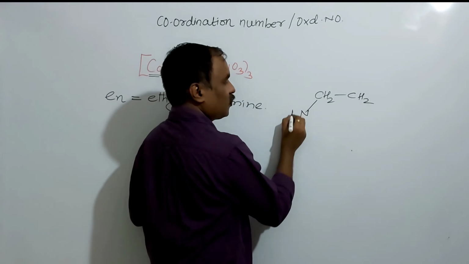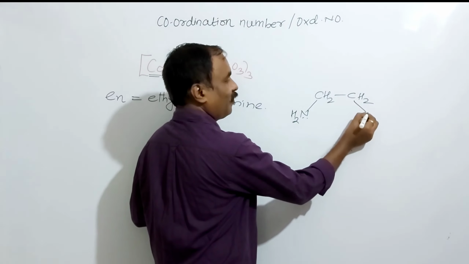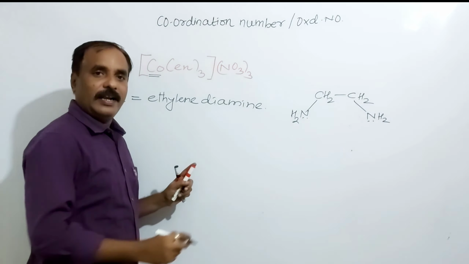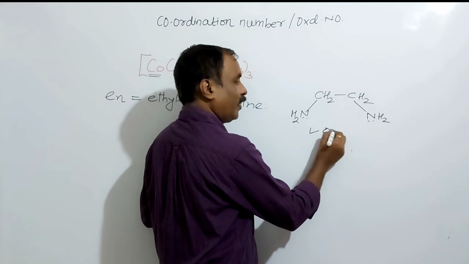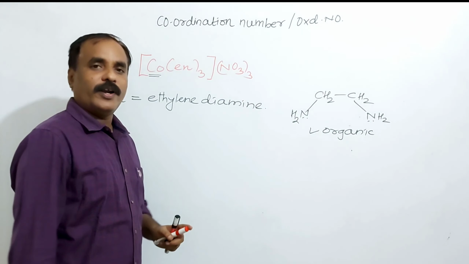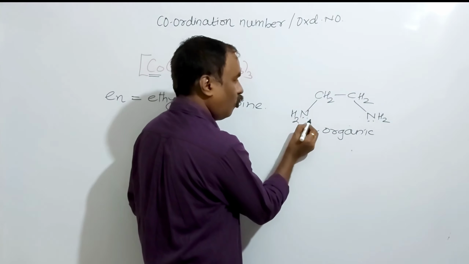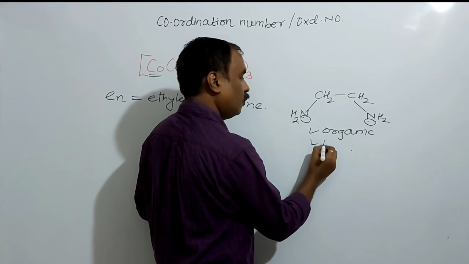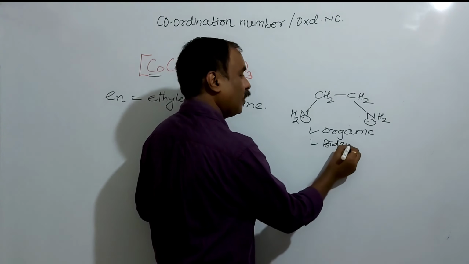We have taken this in the classification of ligands. Remember, this is an organic ligand. Whether monodentate or polydentate, this is polydentate, and this is bidentate. Here, 2 electron pair donor atoms are there, and this is a bidentate ligand.